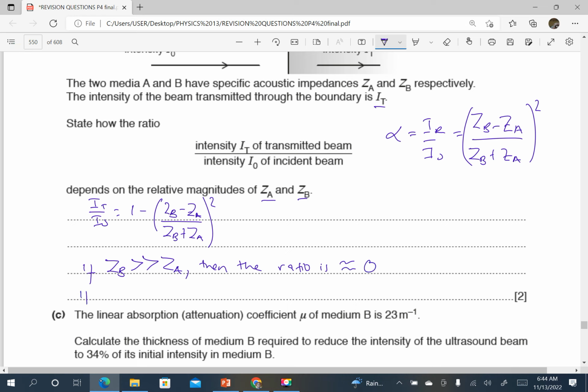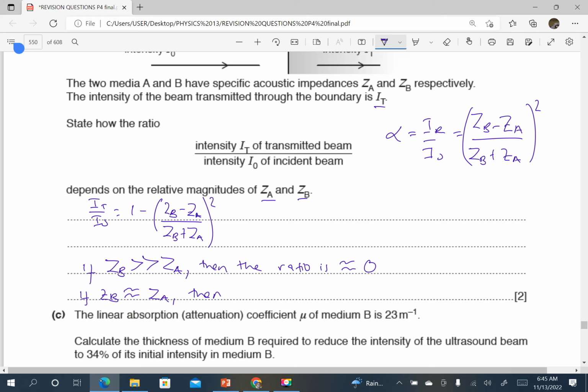And then if ZB is approximately the same as ZA, when you subtract ZB minus ZA, you get almost 0. When you divide 0 by ZB plus ZA, it is 0. So 1 minus 0 is approximately 1.